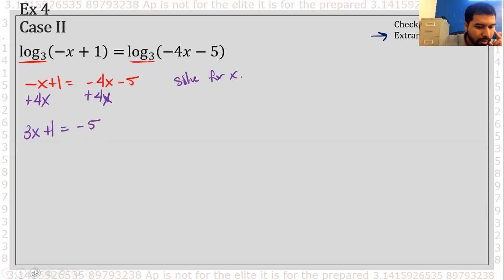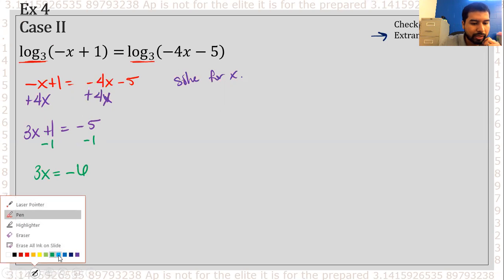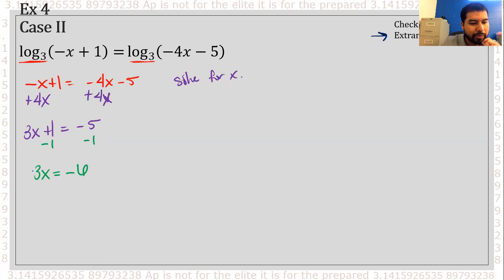The next thing I'm going to do is get rid of that plus 1 by subtracting 1 on both sides. So I'm left with 3x is equal to negative 6. Very simple arithmetic. We divide by 3 on both sides. x is equal to negative 2. This right here is our solution.